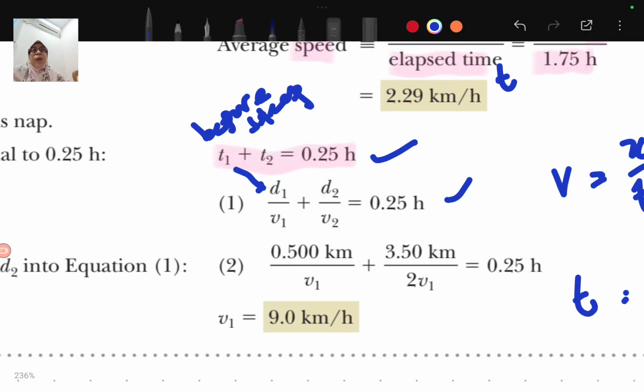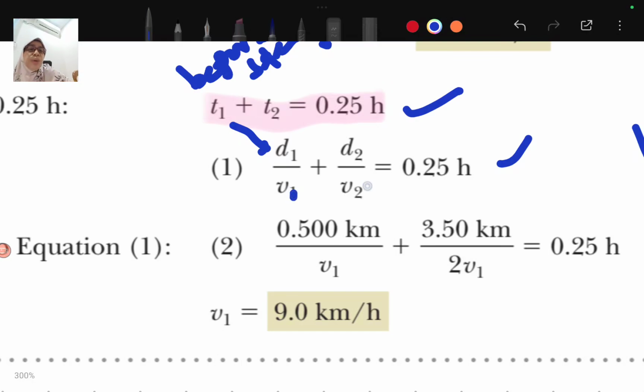Basically, they don't have the same v. Since they don't have the same v or the same distance, we are going to use different subscripts, like what you see here, 1 and 2, because although the symbols are the same, they carry different values. So put different subscripts: 1, 2, 1, 2.